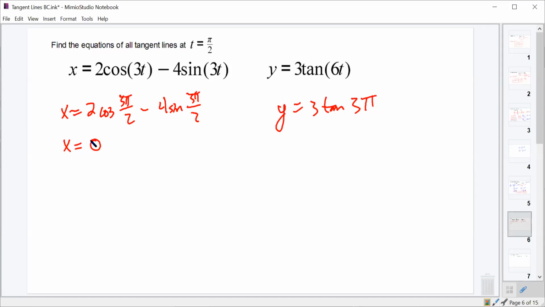Good, Nick. So 0 minus 4 times our sine of 3 pi over 2. And what's the sine of 3 pi over 2? Should be -1. Good, Darius. So our x value is just going to be 4. And our y value, what's the tangent of 3 pi? Tangent of 3 pi should be 0. So this is just 0. So we're looking at the point x equals 4, y equals 0. Everybody good with that?